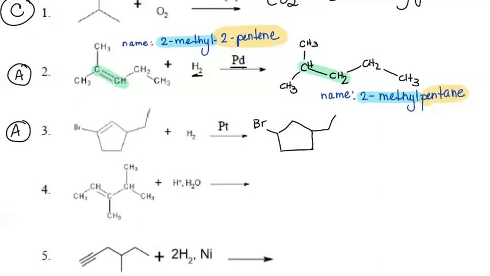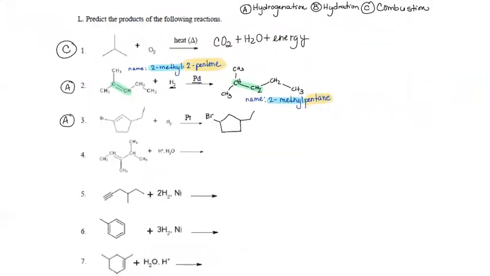Let's move on to number 4. What kind of reaction is number 4? A, B, or C? Great job identifying the type of reaction. This is a hydration reaction.